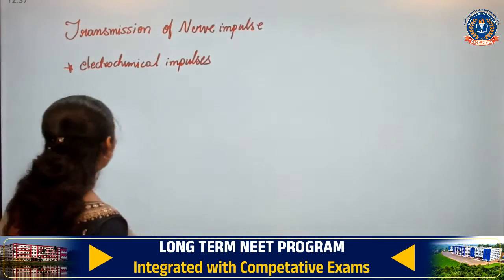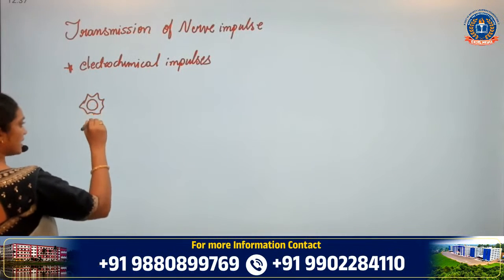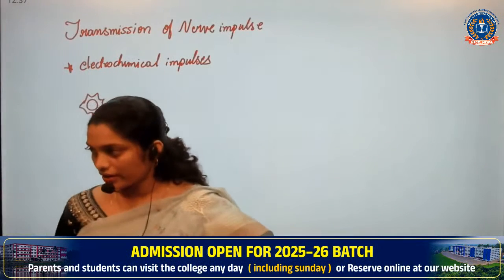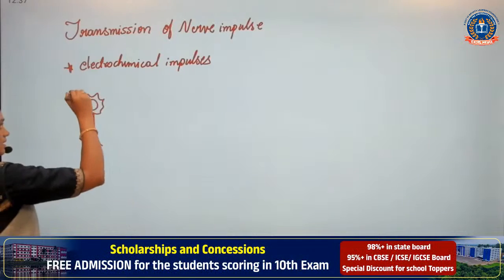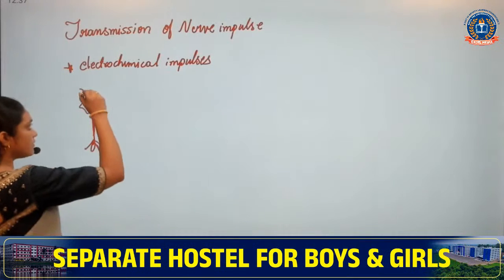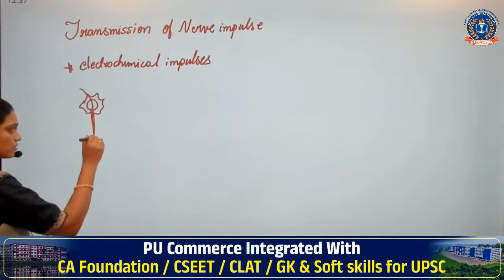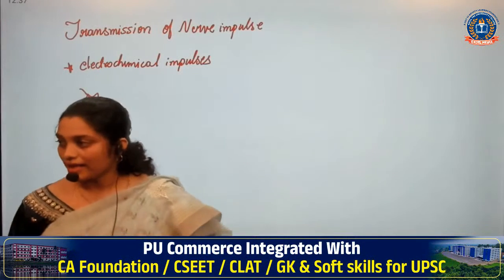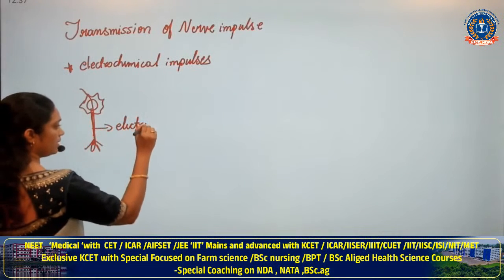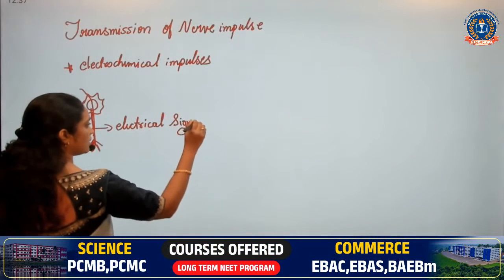Now, consider a neuron with its dendrites, axon region and its axon terminal region. When the impulse comes, it will be received by the dendrites. It passes through the cell body across the axon. When it is passing across the axon, it is passed in the form of an electrical signal.